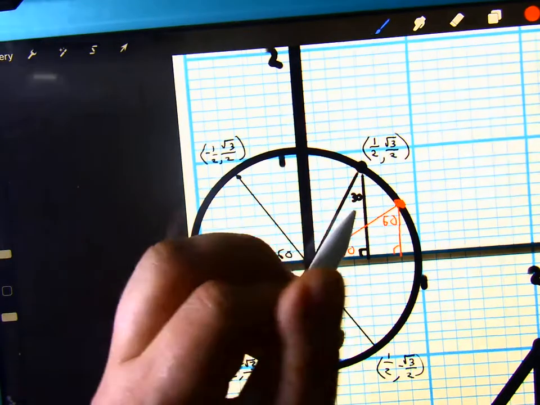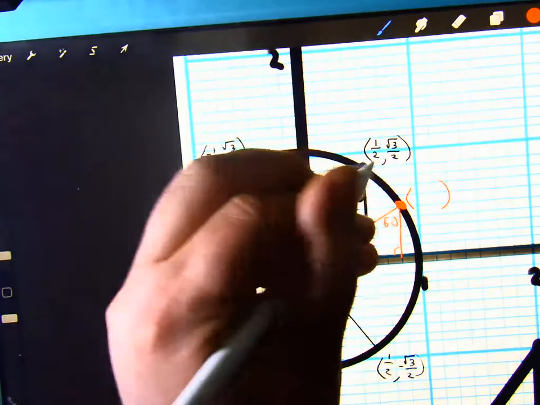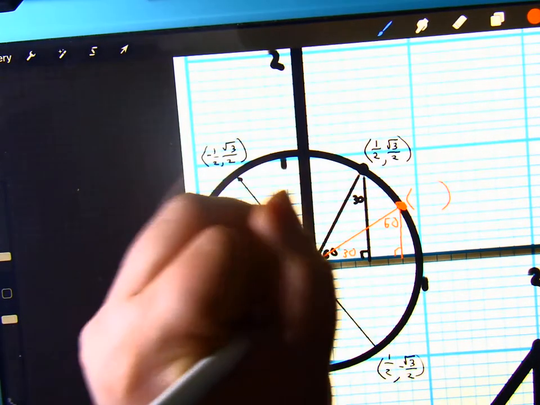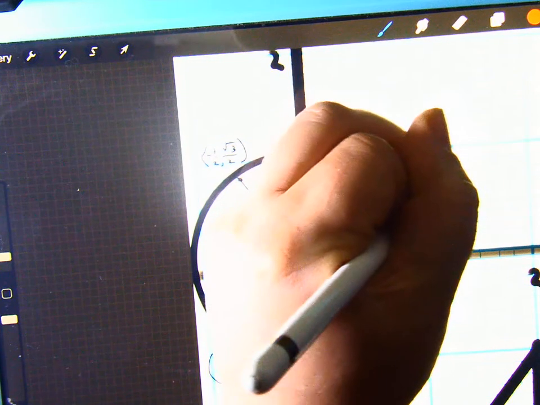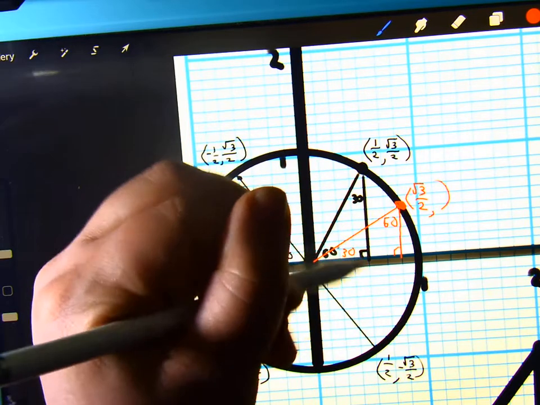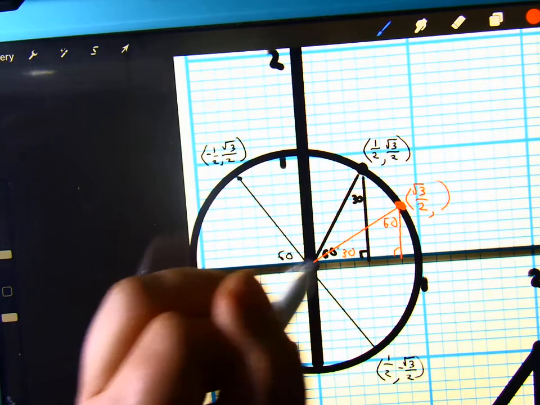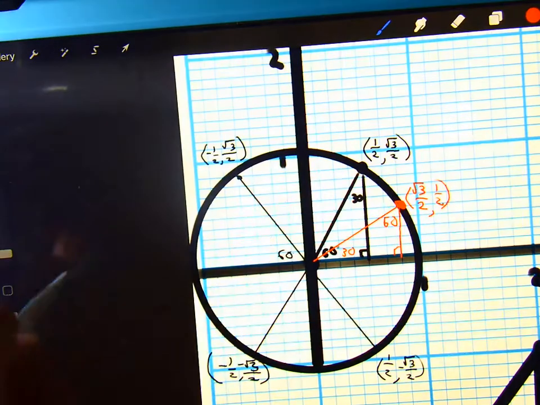Well, all I did is I took the exact same triangle and I literally flipped it. What once was my x has become now my y, so radical 3 over 2. And what once was my y, or my sine, has become my cosine, or my x, which would be 1/2.